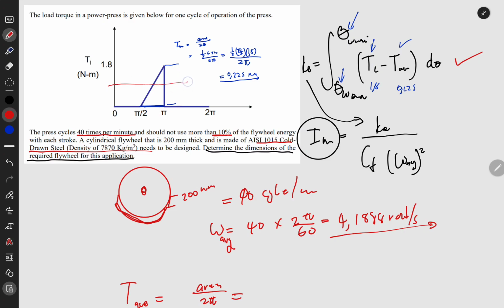I'm cutting through here for my average torque. So I'm integrating from here to here, where the max starts and where the mean starts. Let me put it like that. So I don't really know what is the angle here. Oh, this one I know it's pi. Just don't know what is this one.